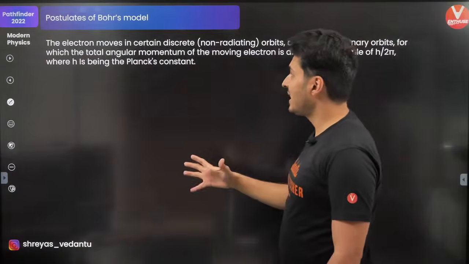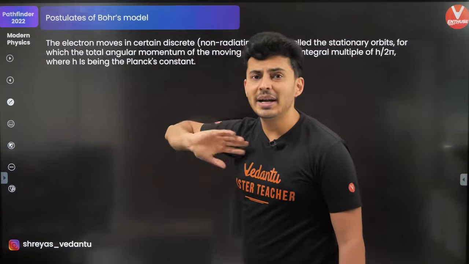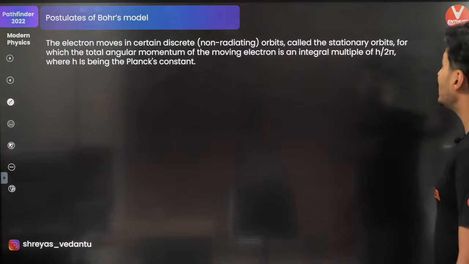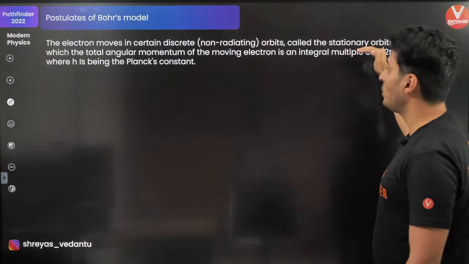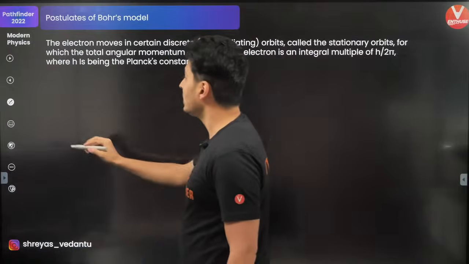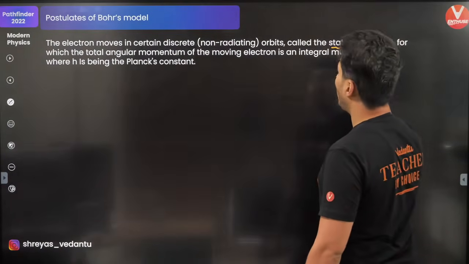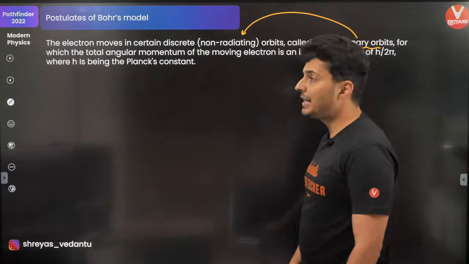Next, he said that the electron cannot move at any random distance, but only in some definite stationary orbits. Very, very important: this word stationary means non-radiating.